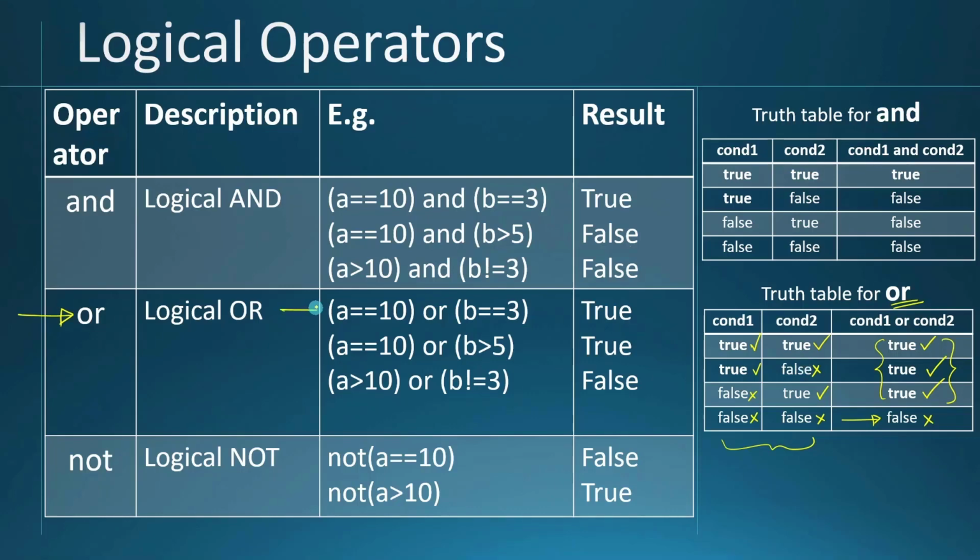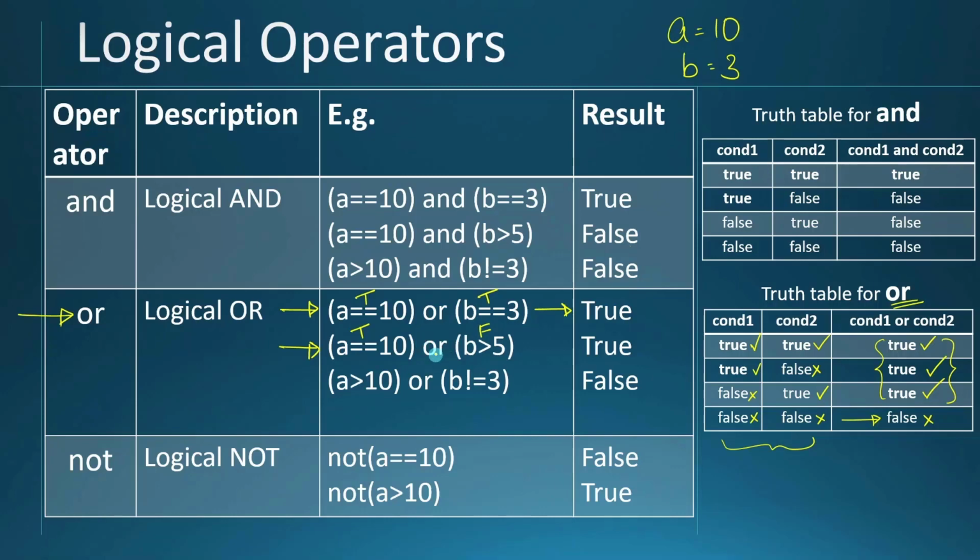Now let us see the first example for OR. a equal to 10, that is true because the value that we have assumed is 10, and the value of b is 3. So a equal to 10 is true, b equal to 3, that's also true. So true and true, OR will definitely give the result as true. Now the next example, a equal to 10 is true, b greater than 5 is false.